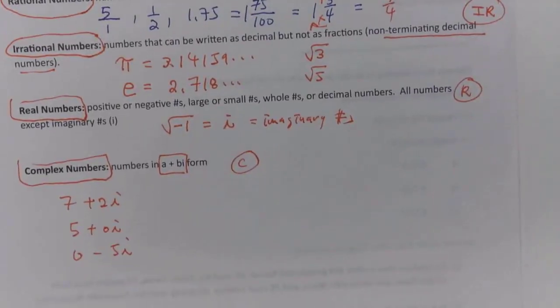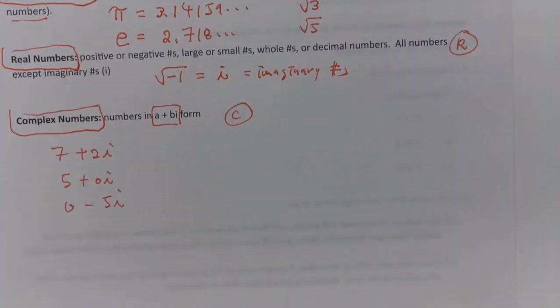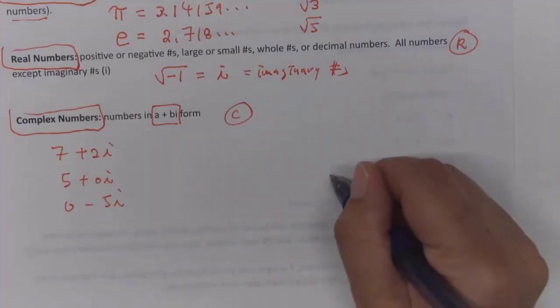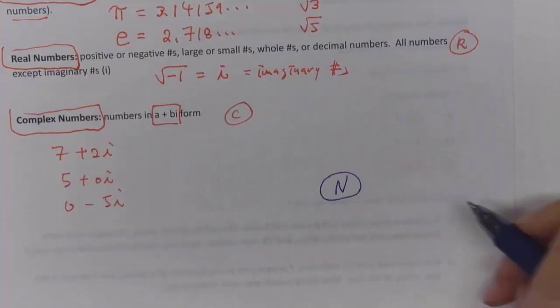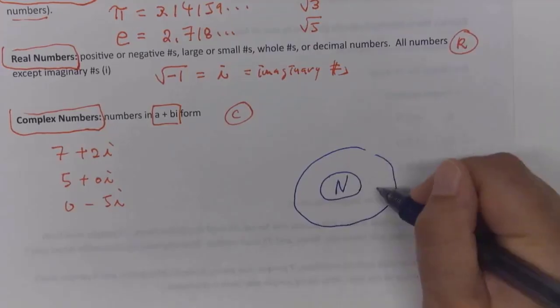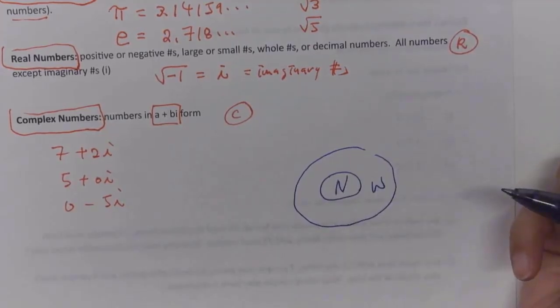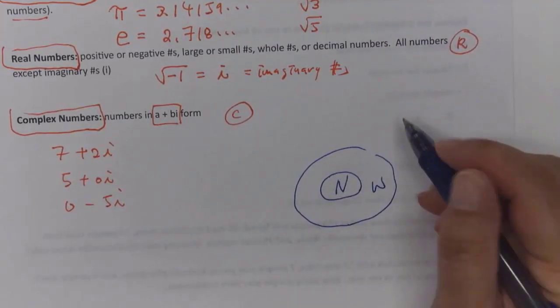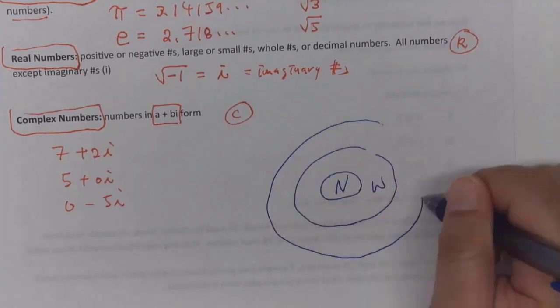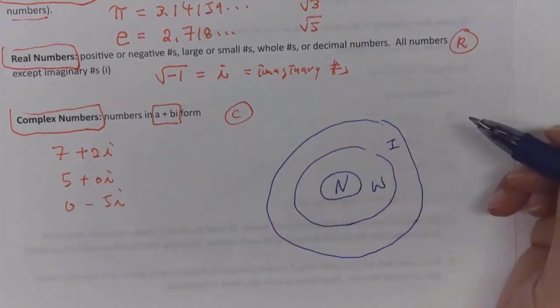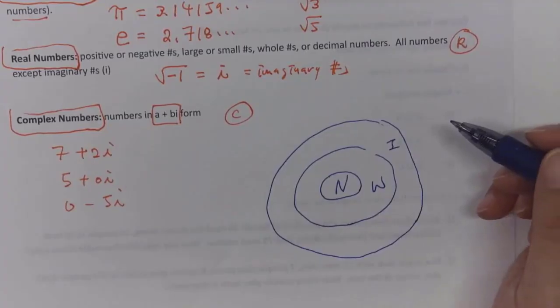And because we have been doing the Venn diagram, we can say we started with natural numbers, and the whole numbers include all the natural numbers plus 0. And then we have integers, including natural numbers and whole numbers.